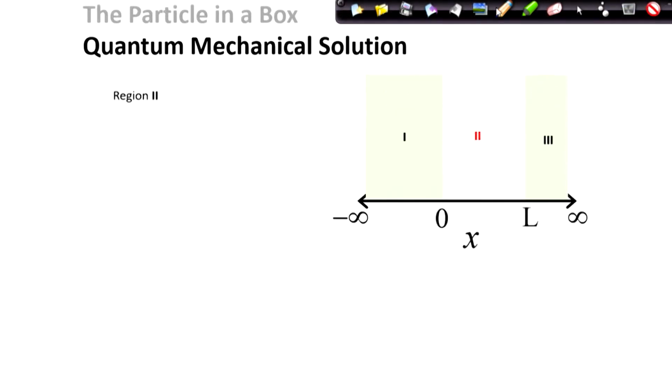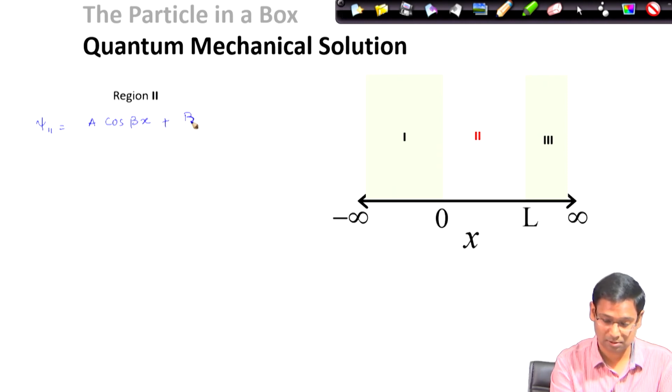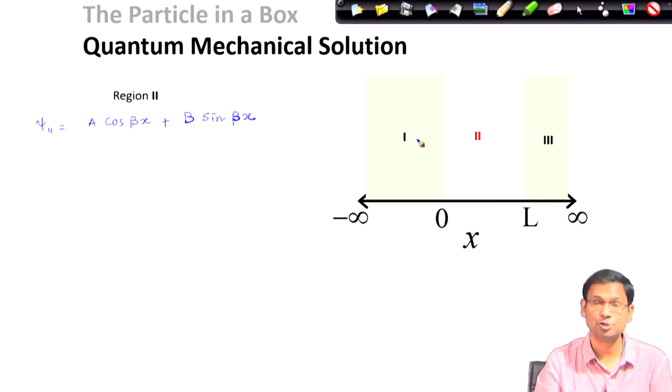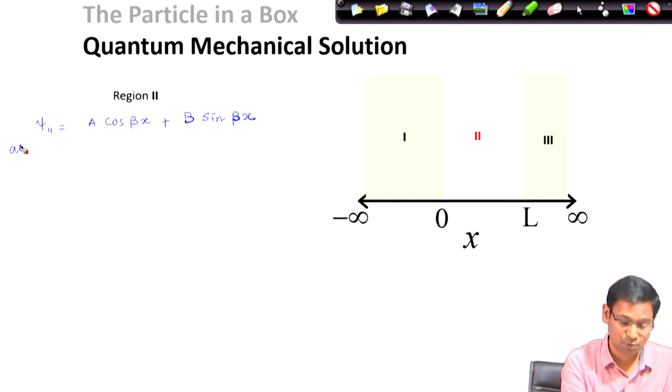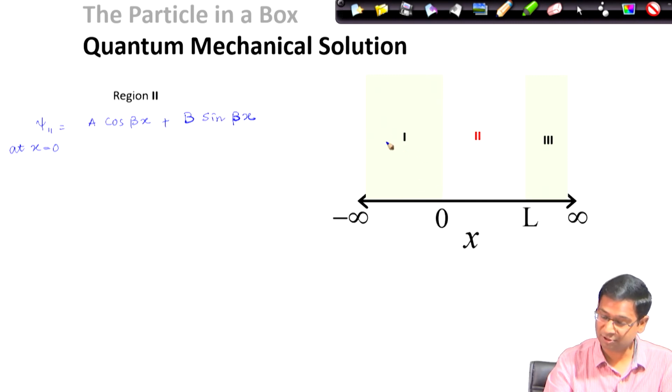Okay. So, we have now the wave function for the region 2 as A cosine beta x plus B sine beta x. Now, we have to see that the wave function is continuous throughout the region. So, at x equals 0, the wave function at region 1 and region 2 should be same.